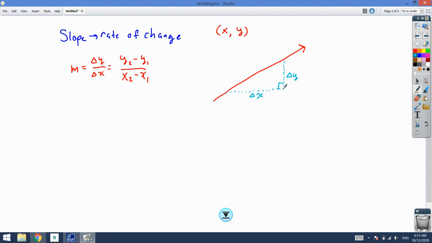And you can get these 2 points because, well, this is x1, y1, and that's x2, y2.